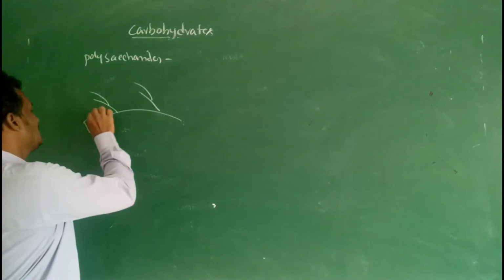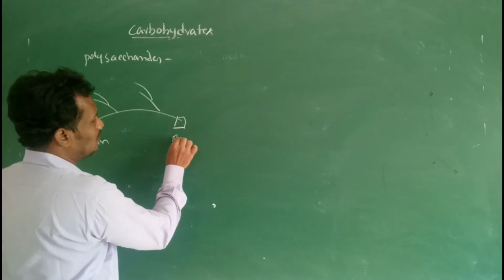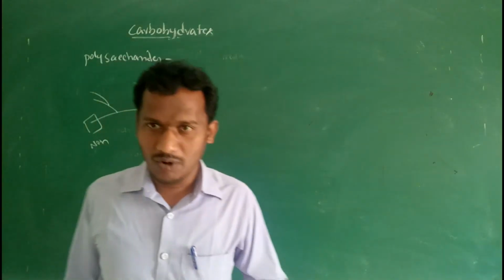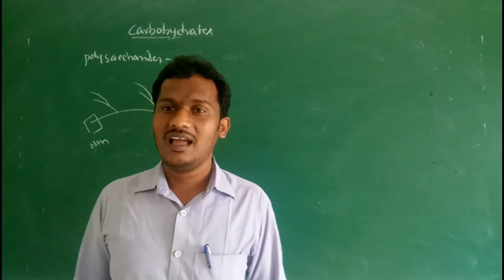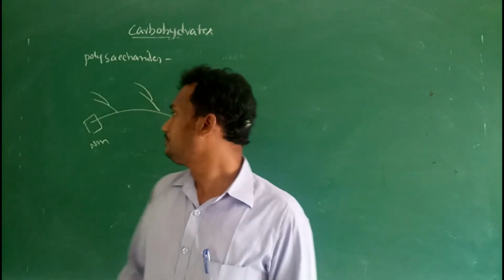The left end is known as the non-reducing end, and the right end is known as the reducing end.